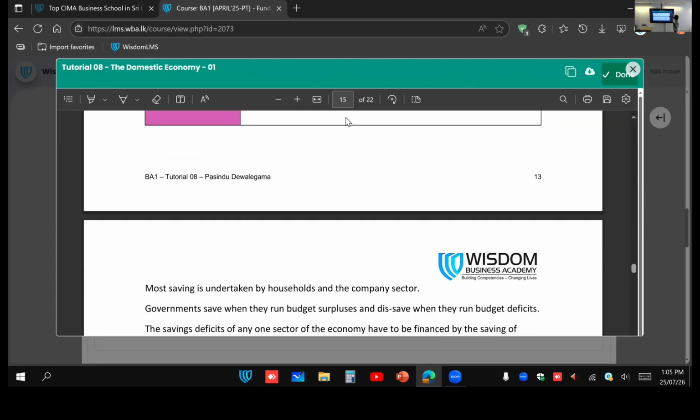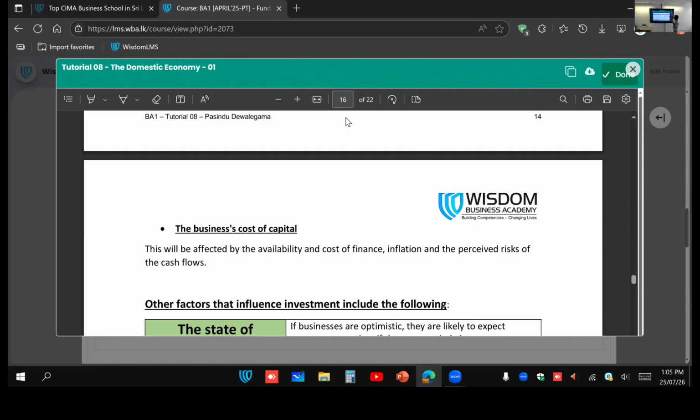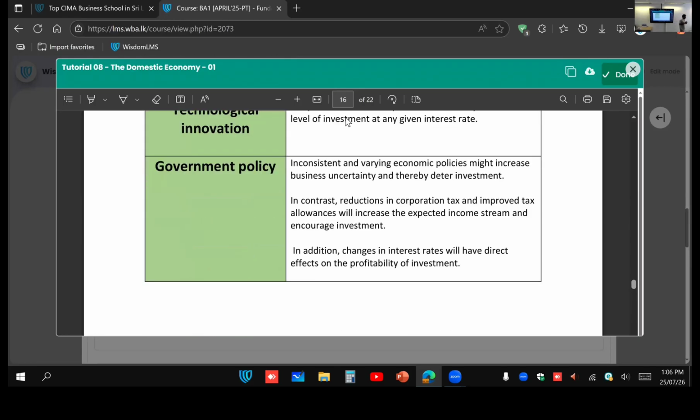Did we discuss? Okay, we'll go to the accelerator. These factors you need to keep in your mind: what are the factors affecting investments, consumption, and savings.